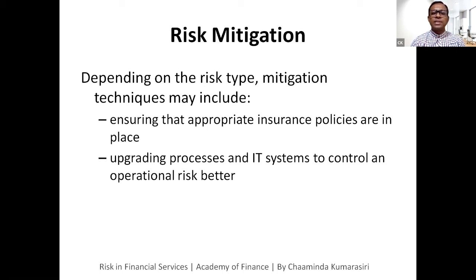You improve the systems, then you can address or mitigate the risk. So with that, what do you do? Is it likelihood or impact? Likelihood. Here, you are addressing the likelihood. By this, you are reducing the chances of the risk materializing.